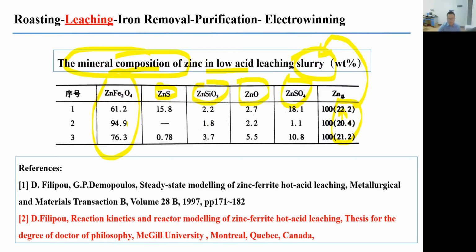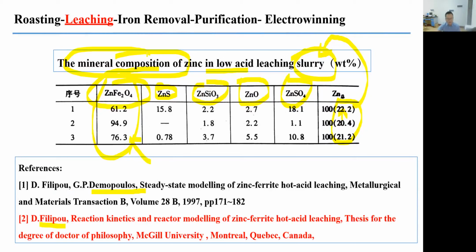And the major problem results from the leaching of zinc ferrite. A lot of famous researchers like Dimopoulos and Filippou have studied the formation and leaching of zinc ferrite in the zinc hydrometallurgy process.